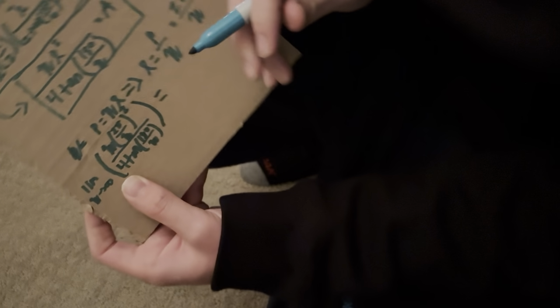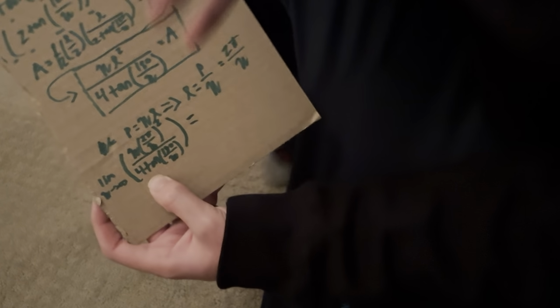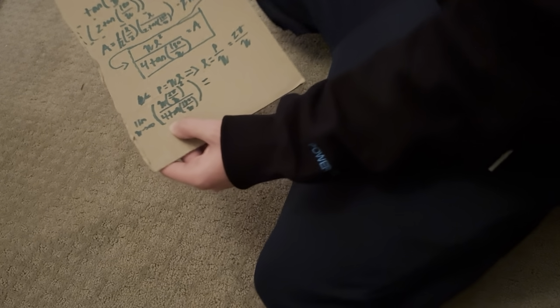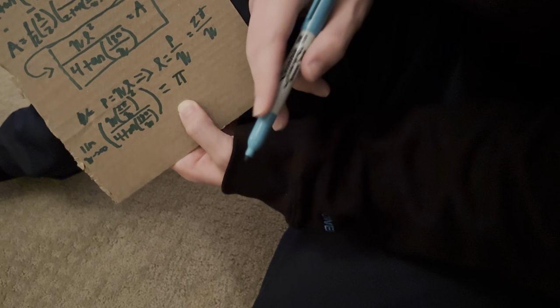I actually didn't know how to solve this limit, so I literally plugged in near-infinity numbers. And do you know what it ends up giving you? Can you guess? Pi.